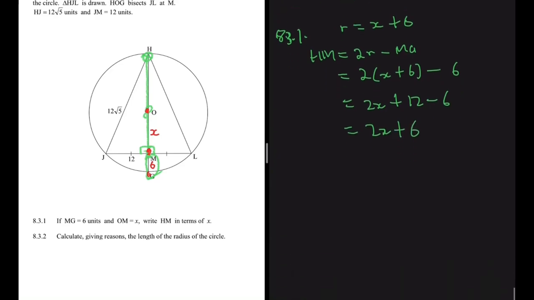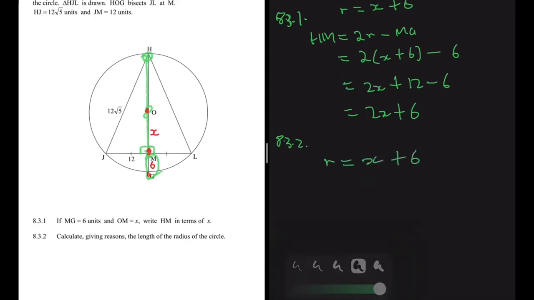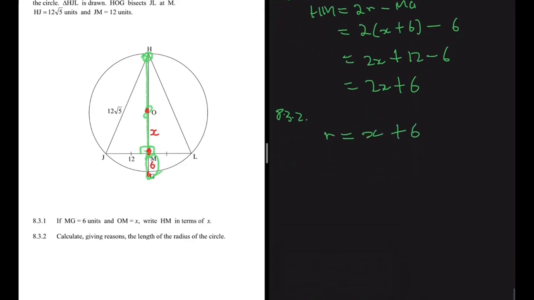And now we can move to 8.3.2. Calculate, giving reasons, the length of the radius of the circle. So we already know that the radius of the circle is equal to X plus 6, right? On this question, we can use triangle OJM.